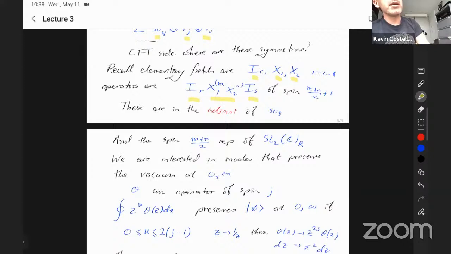Because of the symmetry properties of x1 and x2, this expression is anti-symmetric in the SO8 indices, so that it is in the adjoint of SO8. And under the conformal symmetry of the CFT, this is an expression of spin (m plus n)/2 plus 1, because the i's and the x's are all of spin half.